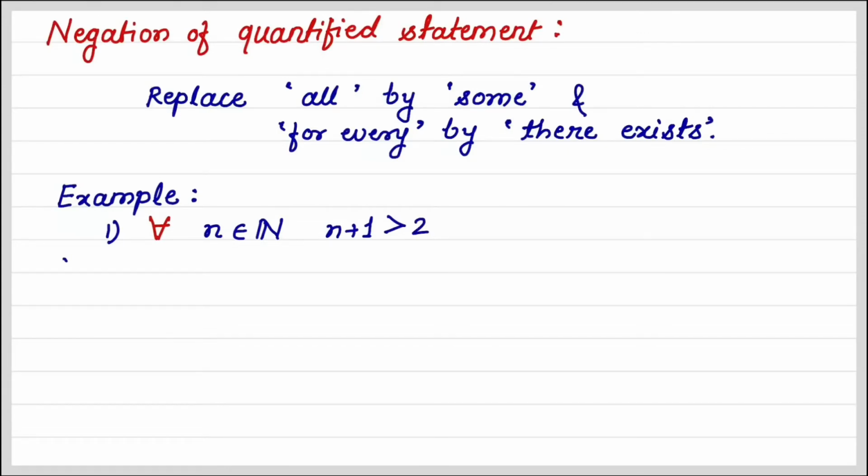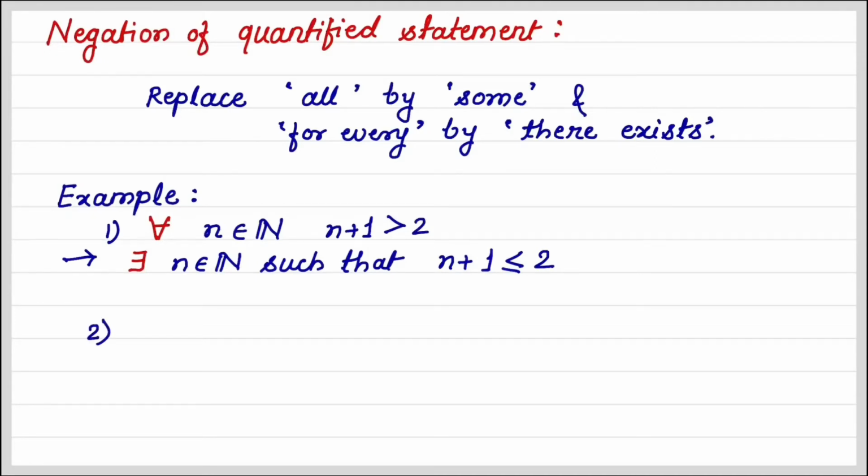It is replaced by "there exist": there exist some n belonging to N, the set of natural numbers, such that. Now we have to write the negation of this statement. The negation is n plus 1 is less than or equal to 2. So the negation of the given quantified statement is: there exists n belonging to N such that n plus 1 is less than or equal to 2.